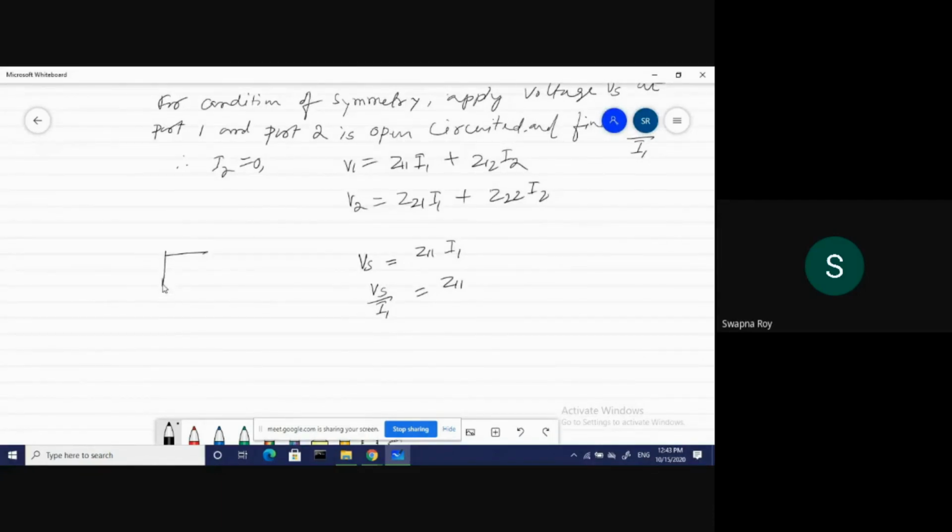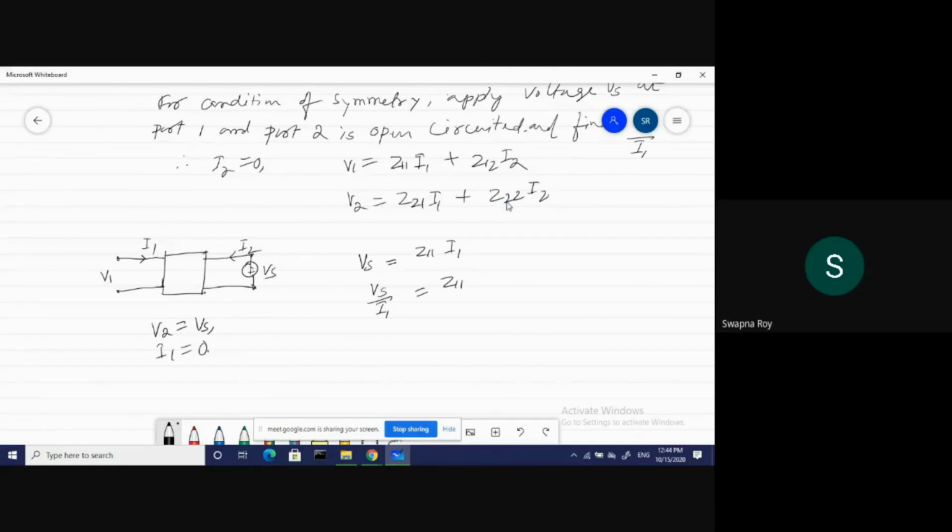Now you apply the voltage source, so V2 will be Vs. The input port is open circuited, so I1 is equal to 0.